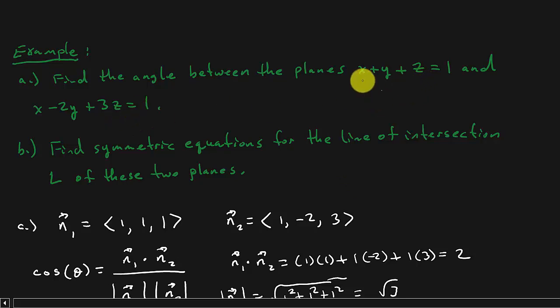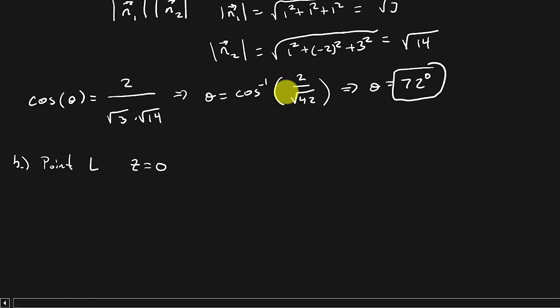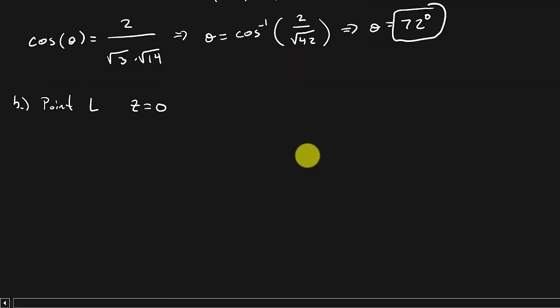And so that's going to leave us with x plus y equals 1 and x minus 2y equals 1. You see that? And you don't have to do z equals 0, it's just easier to do that.